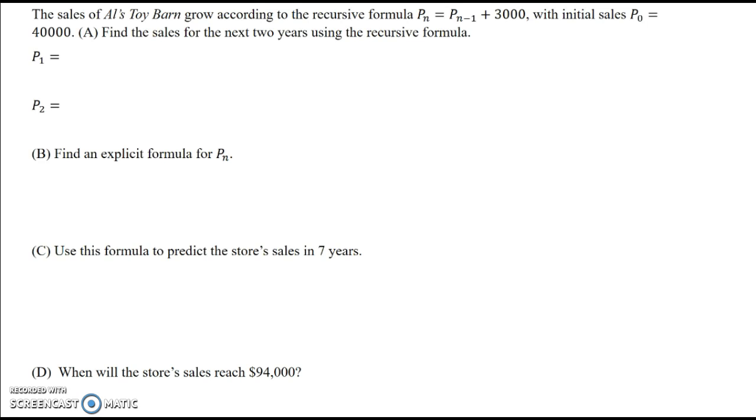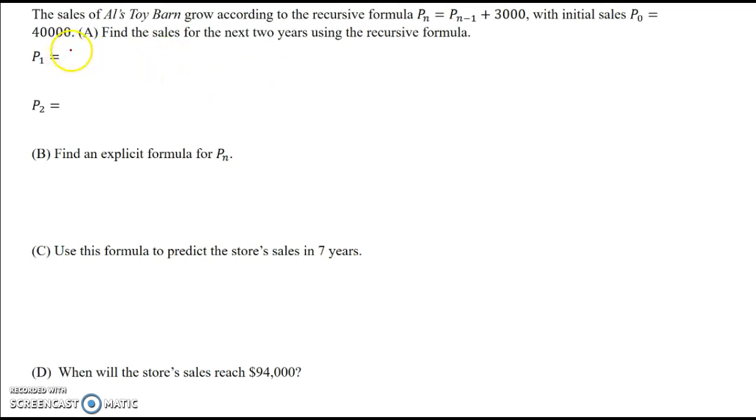Find the sales for the next 2 years using the recursive formula. If I already said that, I'm sorry. I had to go and teach class, and I'm back recording. But anyway, find the sales for the next 2 years using the recursive formula.